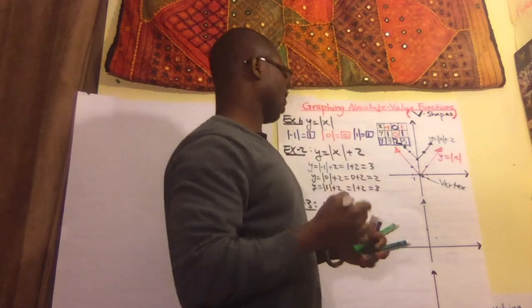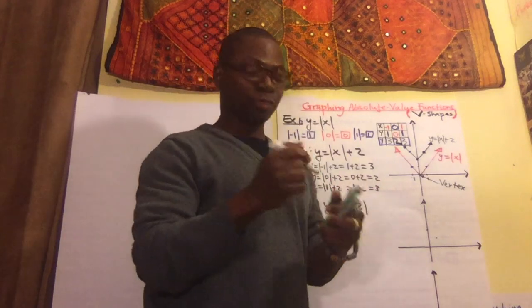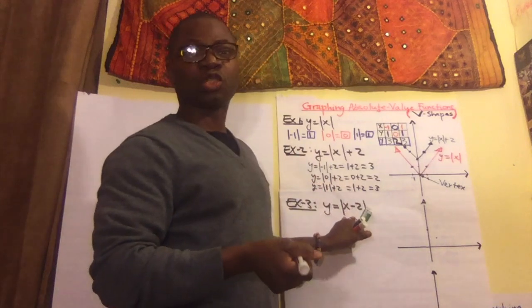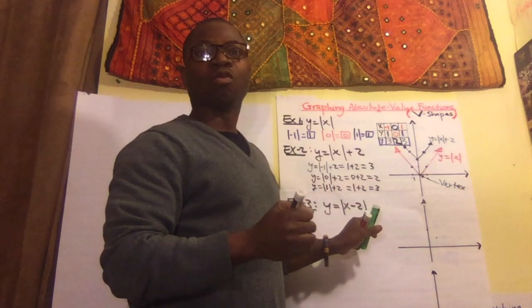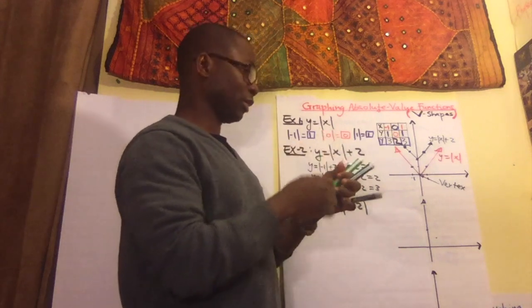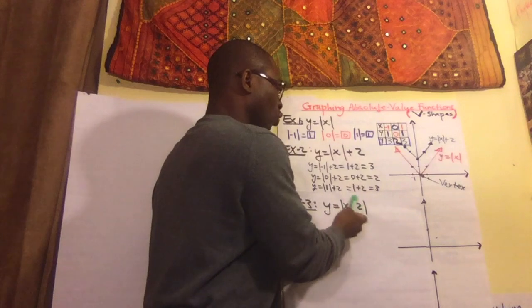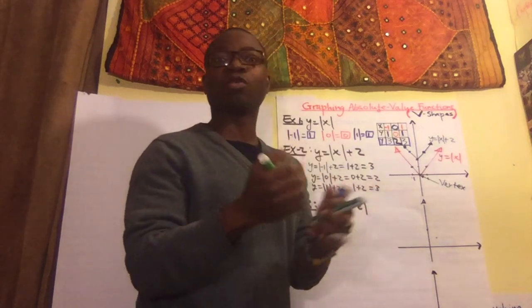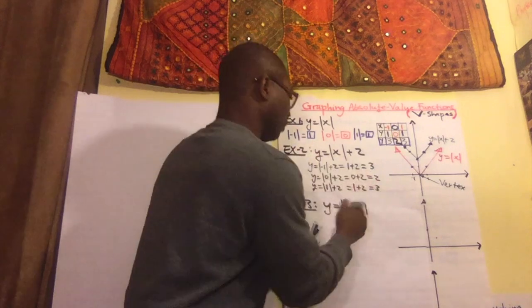Here, one thing that I forgot to mention earlier: whatever is inside the absolute value, let's try to see what value is going to make it 0. So how do we get this whole thing to be 0? Basically, whatever is inside the absolute value, we're going to set it equal to 0. So let's see, x minus 2.